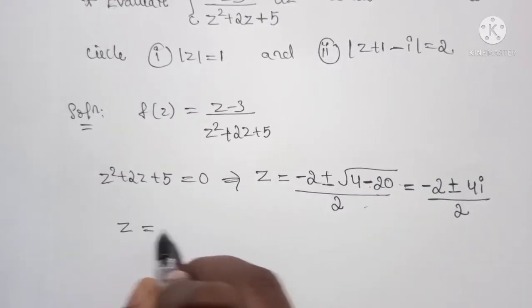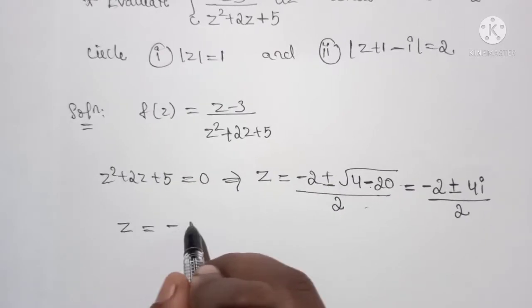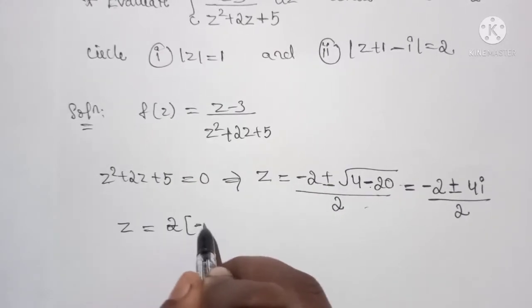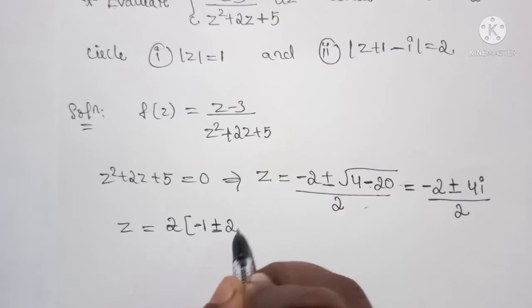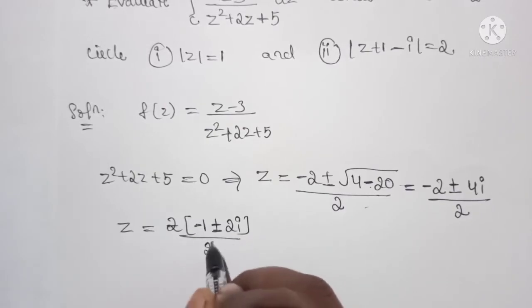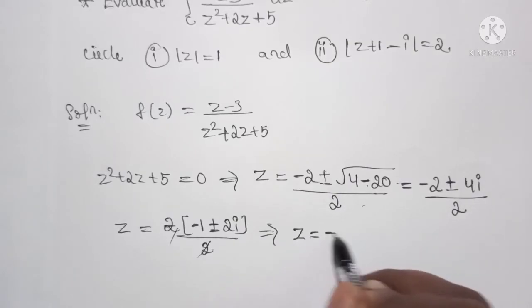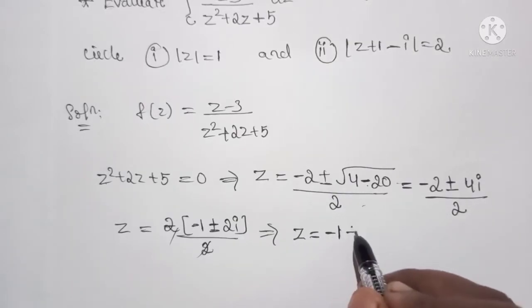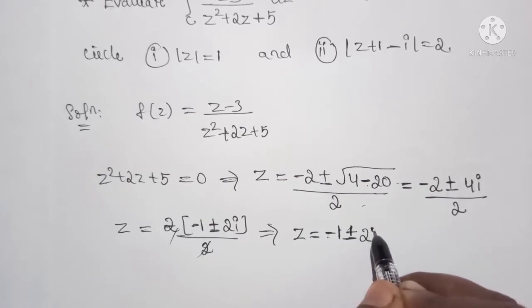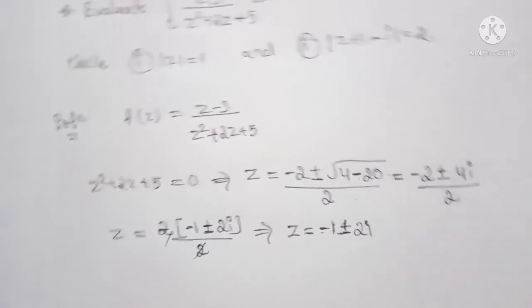Taking 2 outside, we get minus 1 plus or minus 2i divided by 2, so 2 gets cancelled, thus we get z equals minus 1 plus or minus 2i. Okay, so these are the poles.